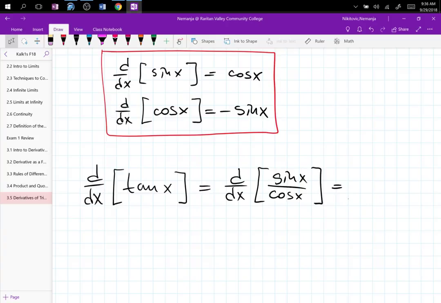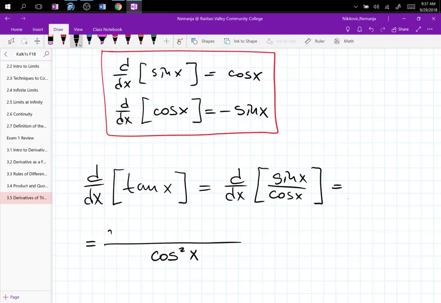Okay. Let's take a look at this together. So we are using the quotient rule because we have sine divided by cosine. Now we don't write derivative anymore because the derivative is triggering the quotient rule. So now we just do the quotient rule, and I always start with the denominator first by squaring the denominator.